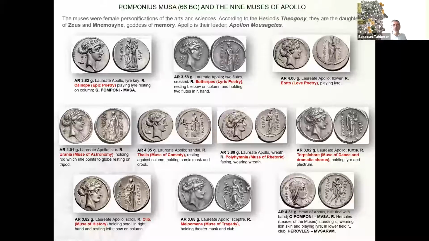This is an incredible series, and they're so elaborately designed and executed that we can talk about each coin for quite a long time, and just this series is enough to dedicate a talk to, but we'll just continue.